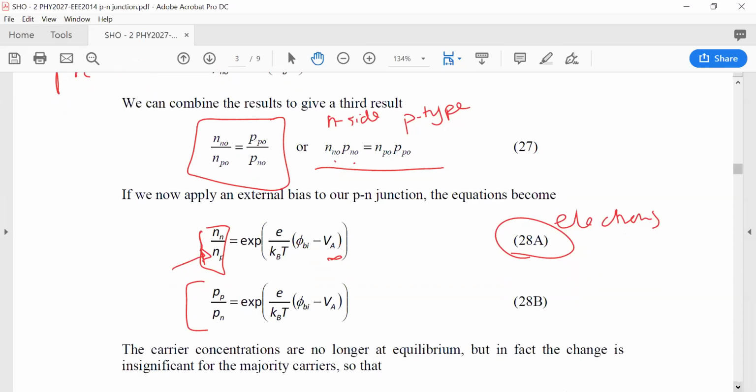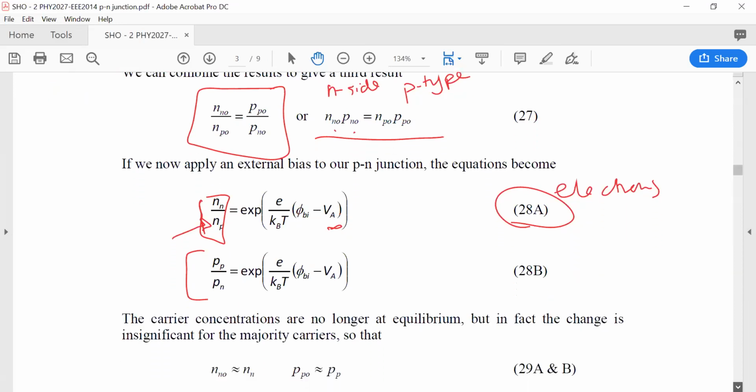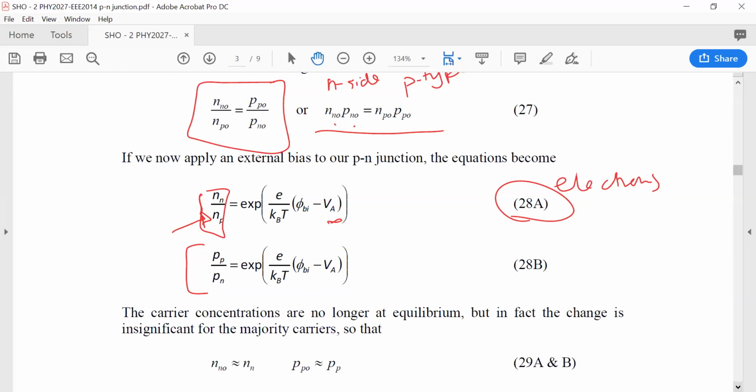Okay, so the important thing here is that you are also changing the majority carrier concentration, the top part of these equations, 28A and 28B, but actually the change is very small, because remember, when you're in the N-type region, there's already so many electrons because of the doping that even though you would be changing the carrier concentrations in this region as well, it's pretty insignificant compared with the majority carrier concentration that's already there, the number of electrons that's already there.